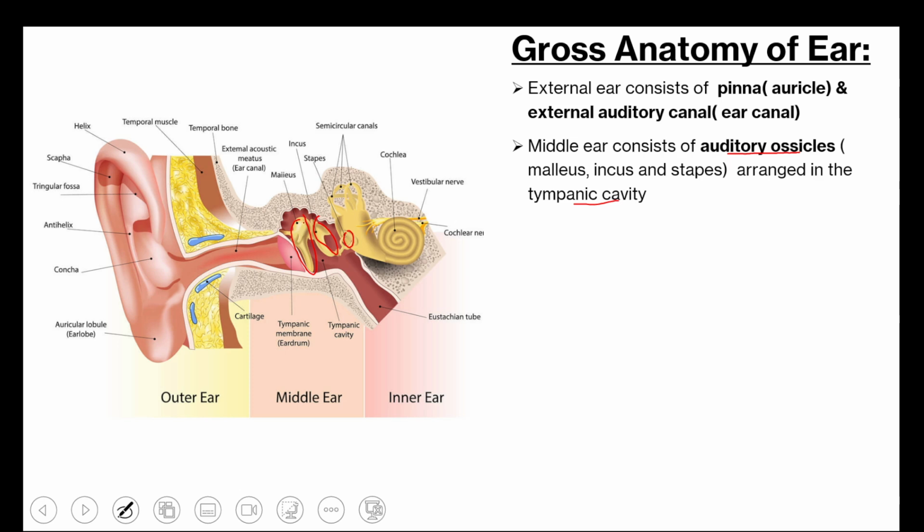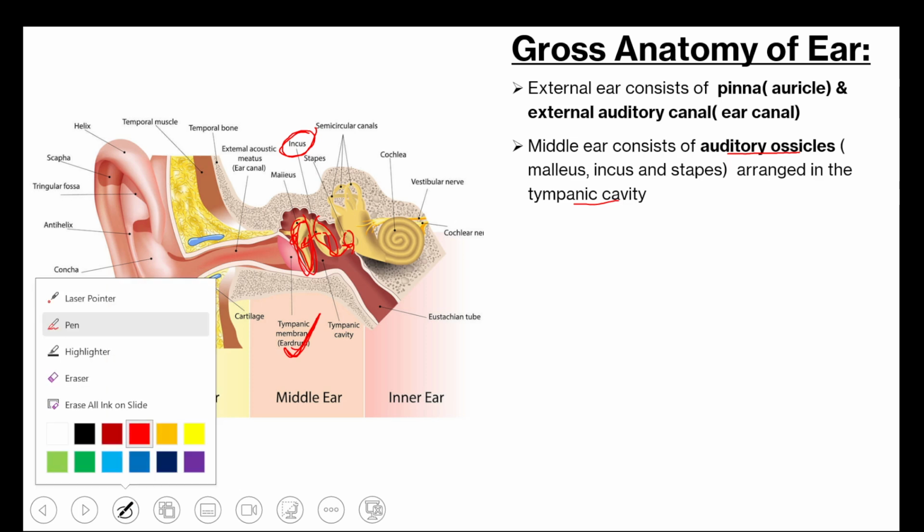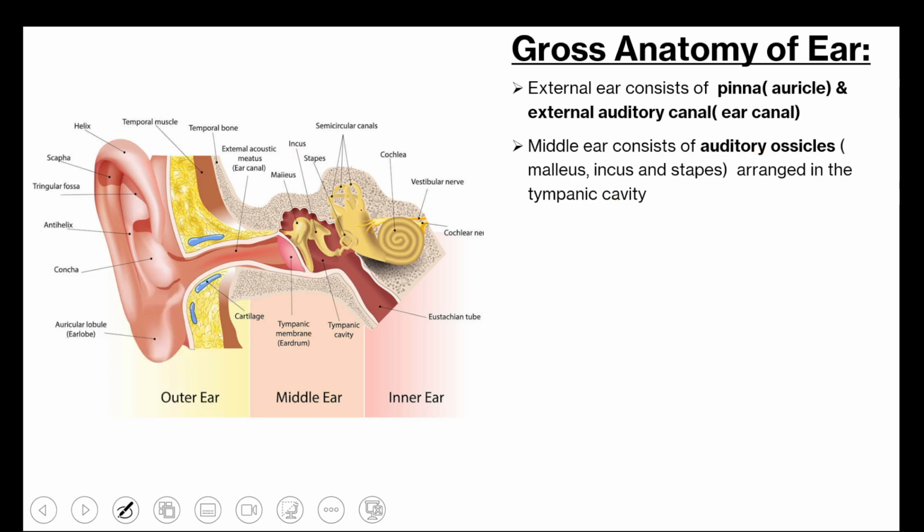You can see the malleus is connected to the tympanic membrane or eardrum at one end, and adjacent to it there is the incus, which is externally attached to the malleus and internally attached to the stapes, and the stapes is attached to the vestibule of the vestibular apparatus within the inner ear.